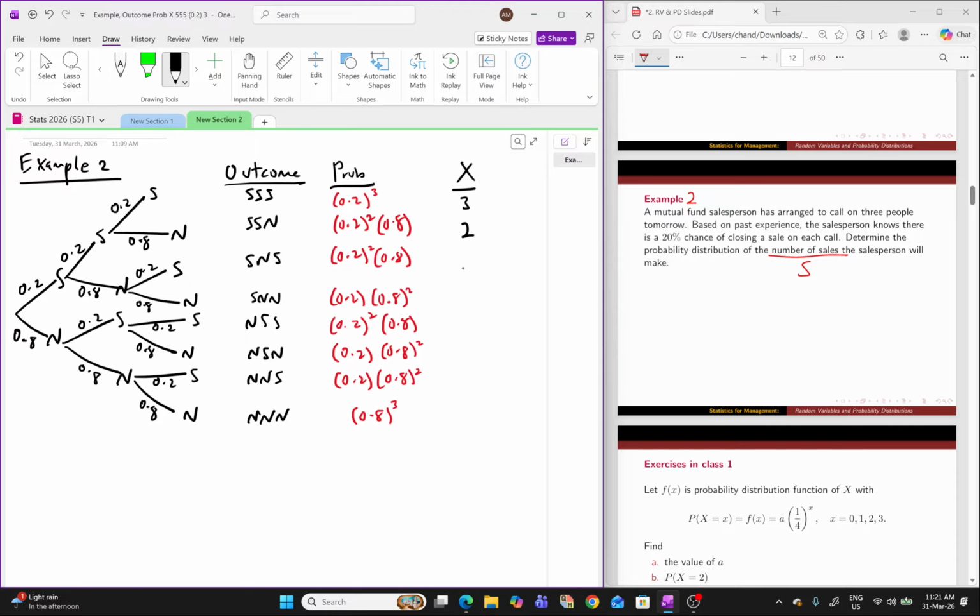This is 2. This is 2, 1, 2, 1, 1, 0. That is your variable. This is what I mean by discrete. You will count 1, 2, 3, 0. Discrete.